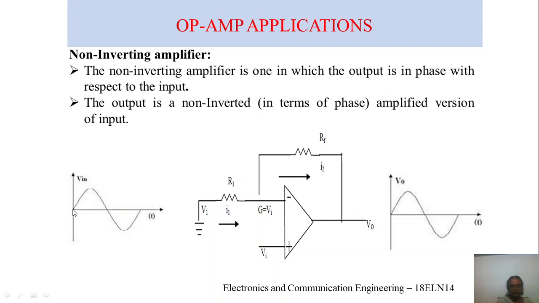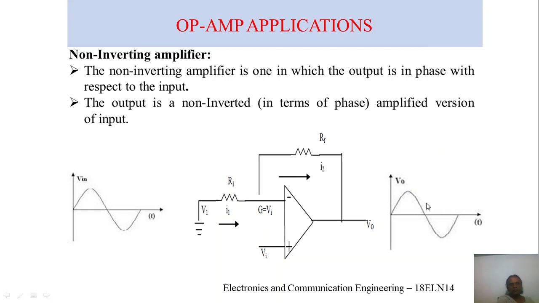It means from 0 to 180, the input is positive, and from 0 to 180, or 0 to pi, the output is also positive. This means there will be the same phase. The non-inverting amplifier is one in which the output is in phase with respect to the input.